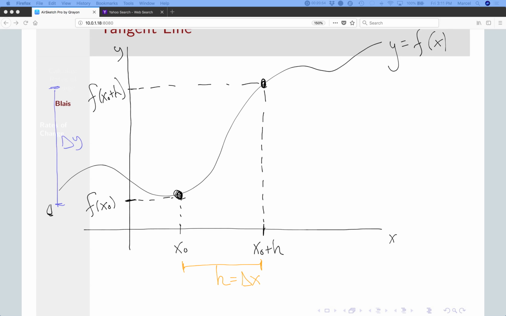And the secant line, again as before, is pictured like this, but now we let h approach 0.